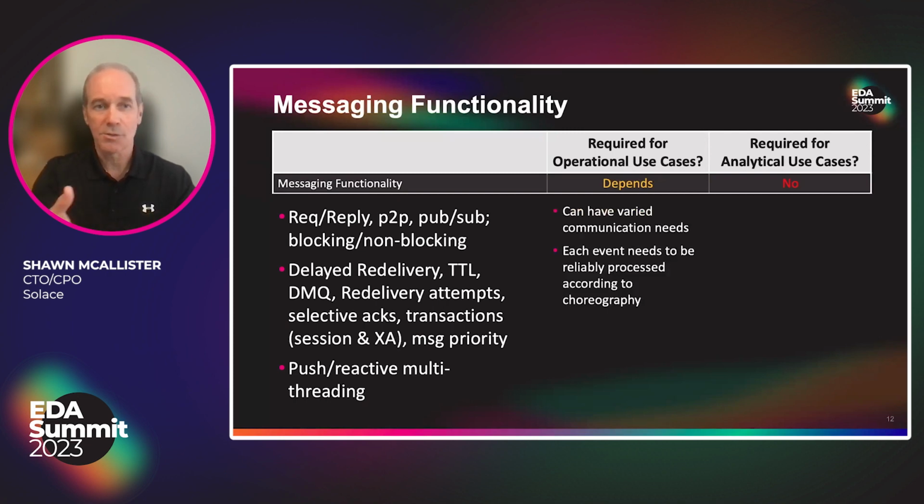All of these things, as well as push delivery to be able to support reactive multi-threading, are all things that in an operational environment, as applications communicate with each other and you need to deal with this state in a very reliable way, it's much better if the infrastructure could provide that for you as opposed to you having to implement it in your own application.